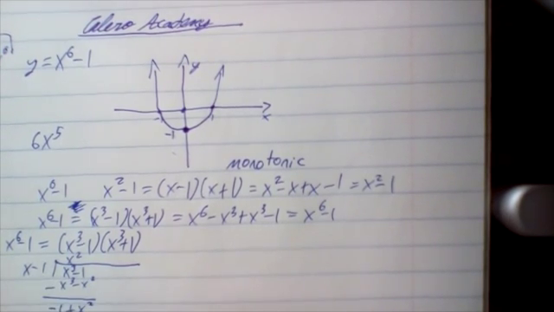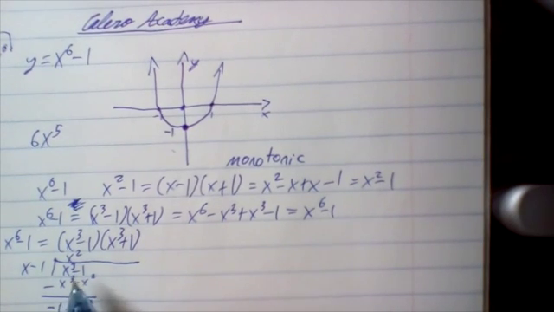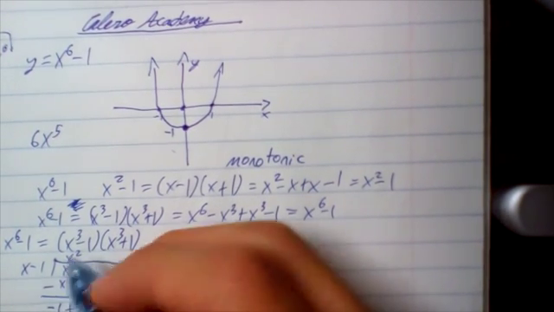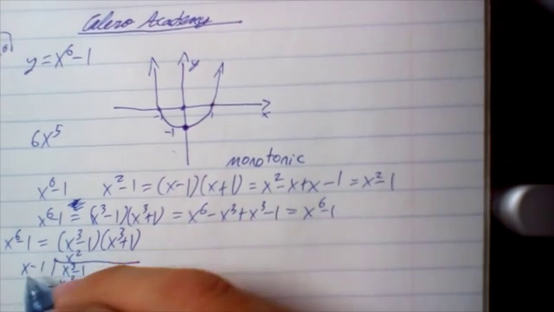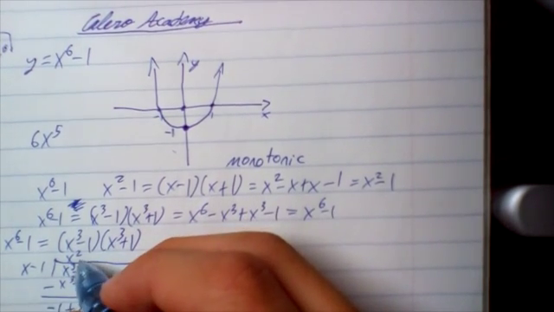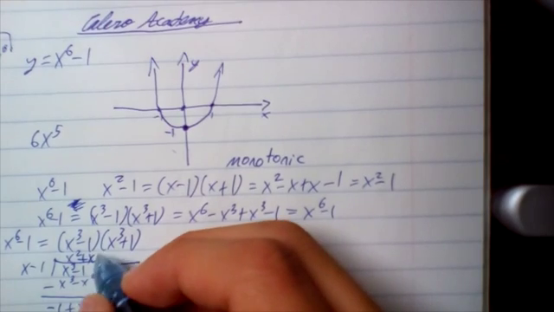Does x minus 1 go into there? Let's see. This is simply equal to 1 plus x. x minus 1 times 1 plus x is equal to minus 1 plus x squared. So we have x cubed minus 1 divided by x minus 1 is equal to x squared plus x plus 1.